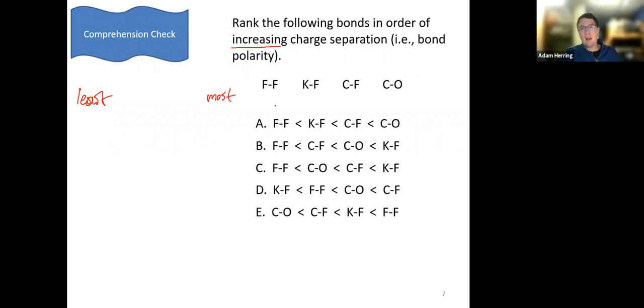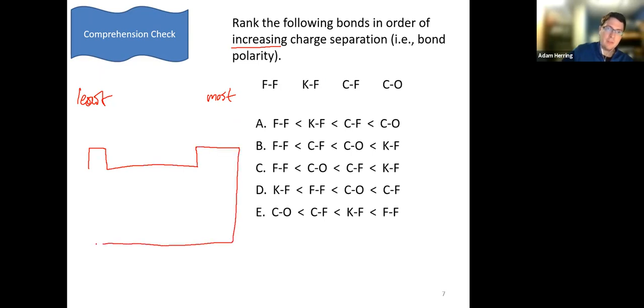Now, you want to be able to do this by using trends in the periodic table, in addition to looking up the data if you need to. But most importantly is being able to do it based on the trends. So if we draw ourselves a generic periodic table over here, we know that electronegativity increases to the right and it increases as we go up.